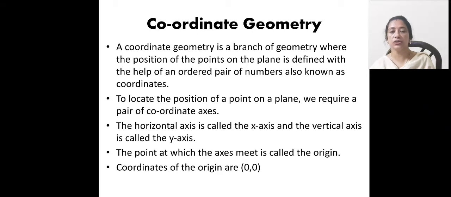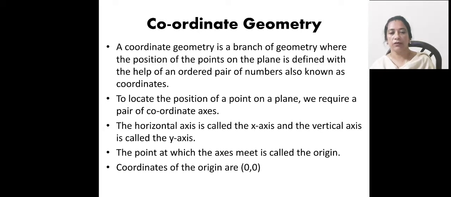Among these two mutually perpendicular lines, the horizontal line is called the x-axis and the vertical line is called the y-axis, and their point of intersection is called the origin, and the coordinates of the origin are given by 0, 0. So, whenever we want to locate a point on the Cartesian plane, we have to locate that point with reference to the coordinate axes, that is x-axis and y-axis.